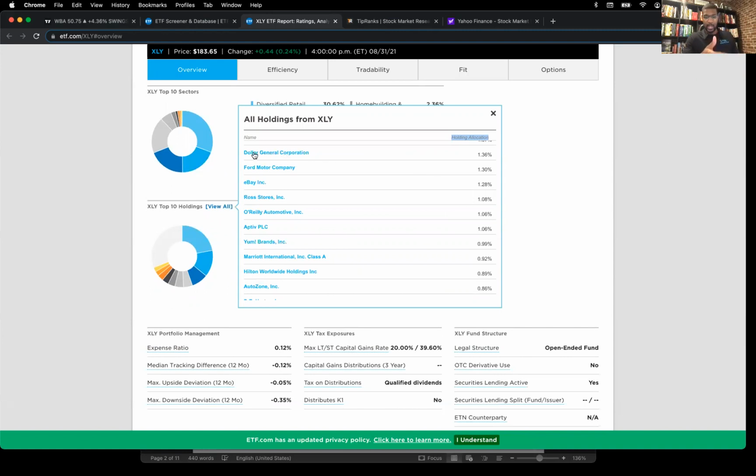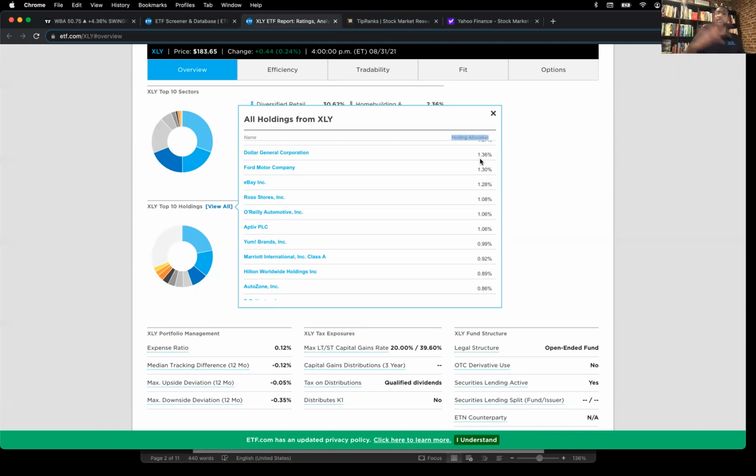So Dollar General, for instance, is 1.36% of the actual fund. So that's not to say that this fund has a huge amount of Dollar General stock. It's only 1.36% of the overall fund. So keep that in mind when you're looking at the direction of the actual fund.